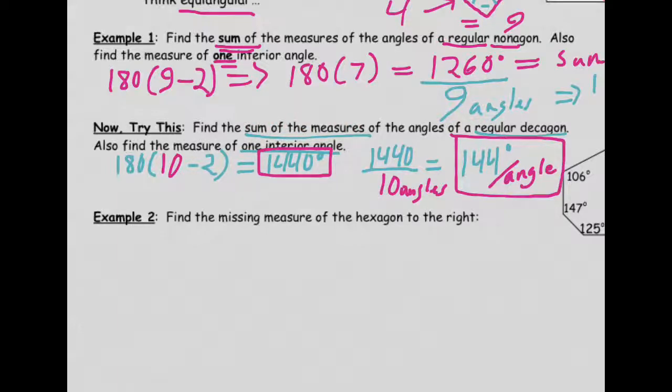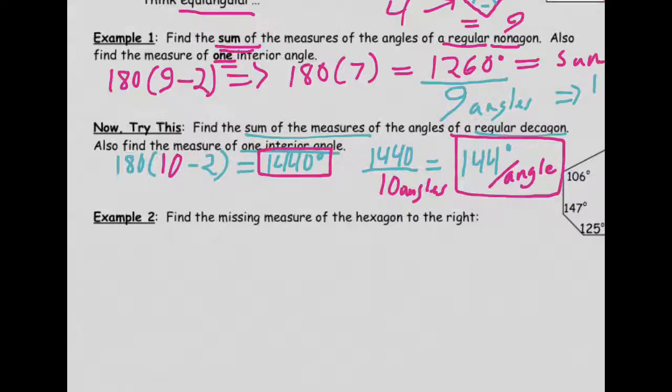Now, we've got 1,440 degrees divided by 10 angles, because we want to know the degrees for one interior angle. And so we divided that, and we get 144 degrees per angle. Now remember, the amount of degrees per angle only works with a regular decagon.